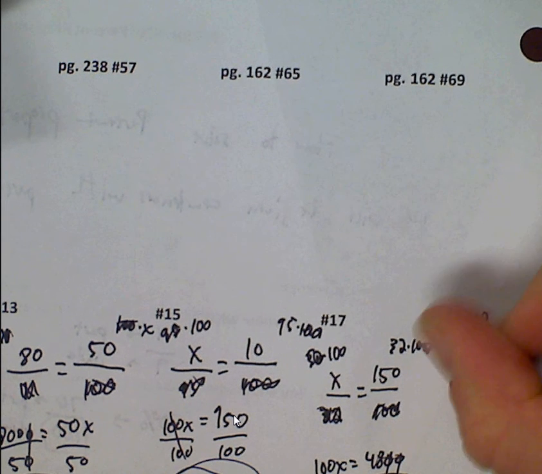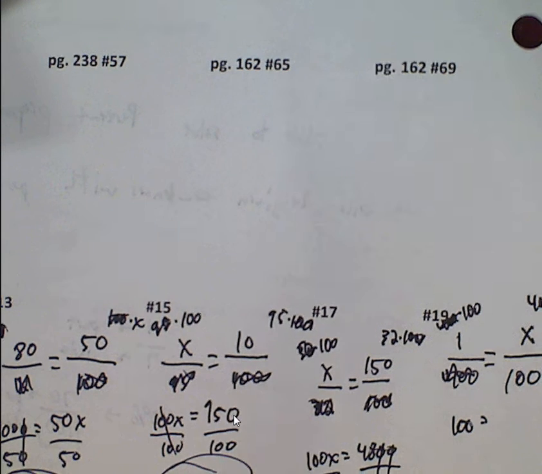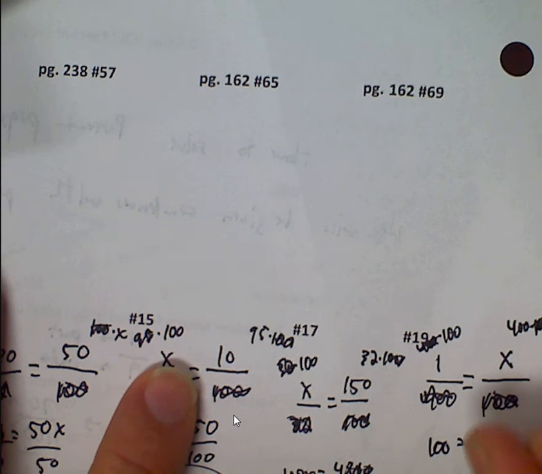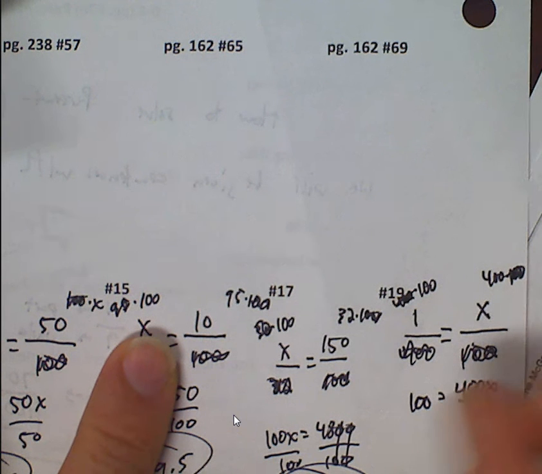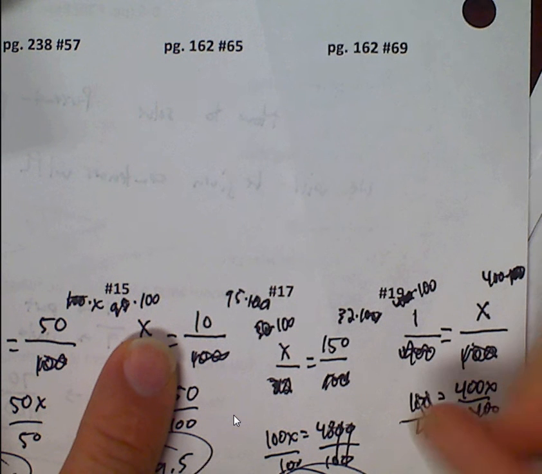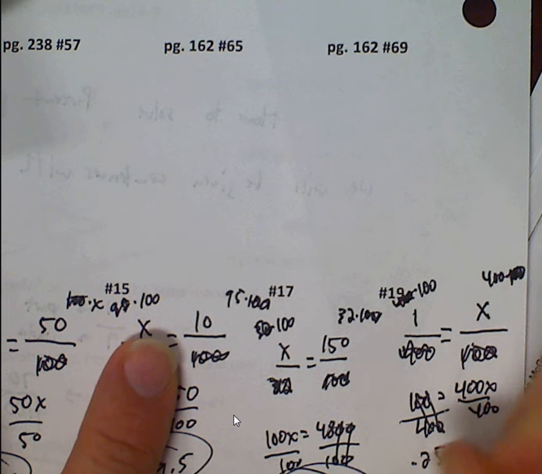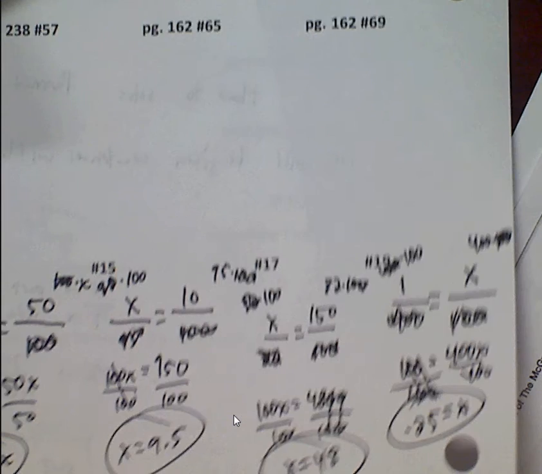My 400 would go away, so 100 times 1 is 100. My 100 goes away, so 400 times x is 400x. If I divide by 400, my zeros would cancel, so I'm left with 1 over 4, which is the same thing as 0.25.